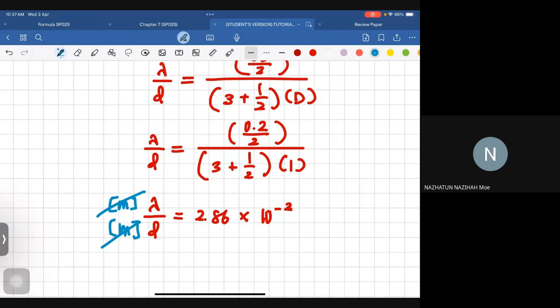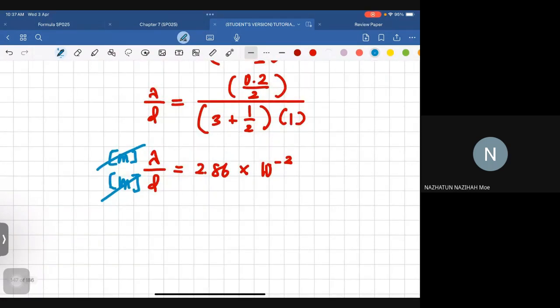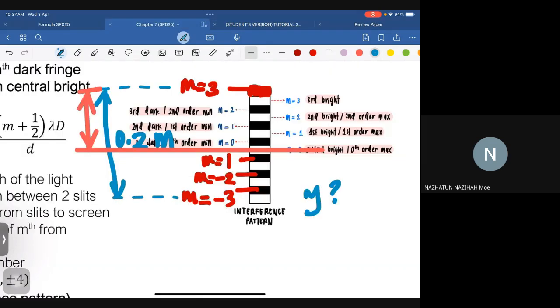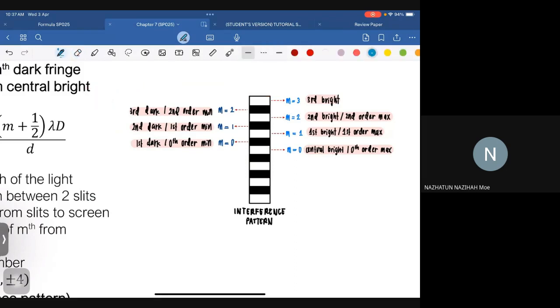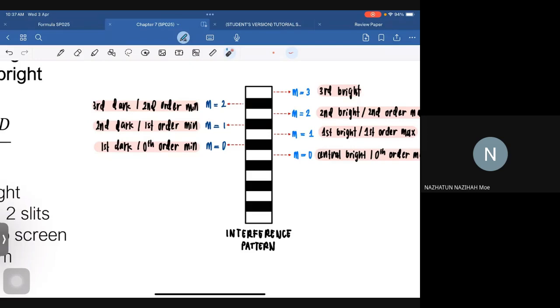Alright. Next, the distance between the first order minimum and third order maximum. Okay, so if we look here, it asks for the distance from the first order minimum. Minimum is dark. So which one is first order? First order is this one.